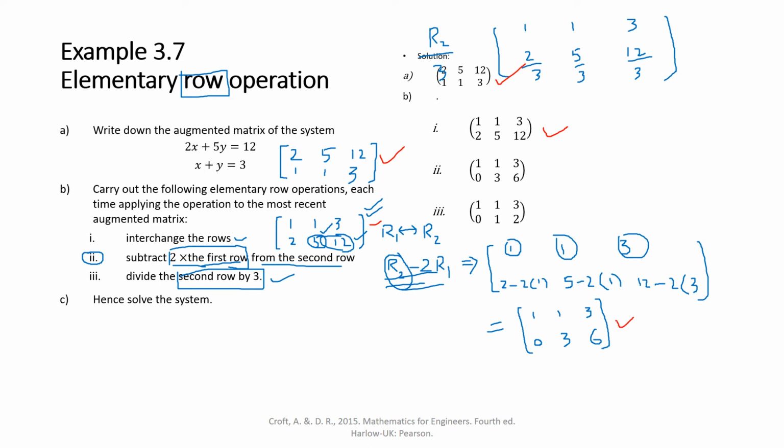Okay, why part 3 is different? Divide second row by 3, second row by 3. So here I should have supposed the previous answer, the answer of the second.